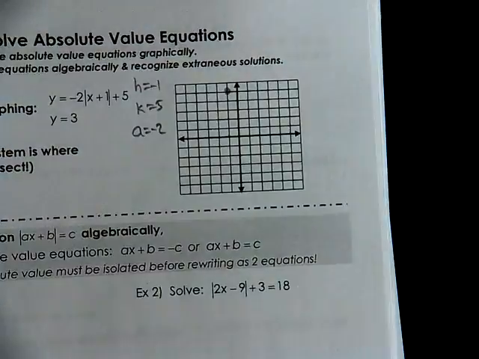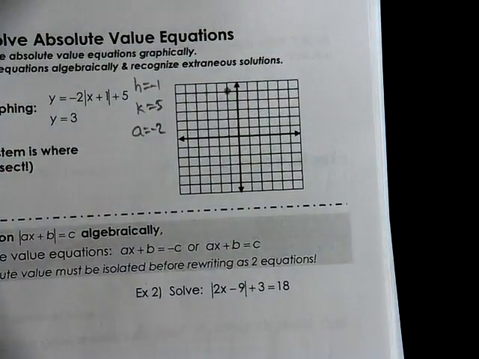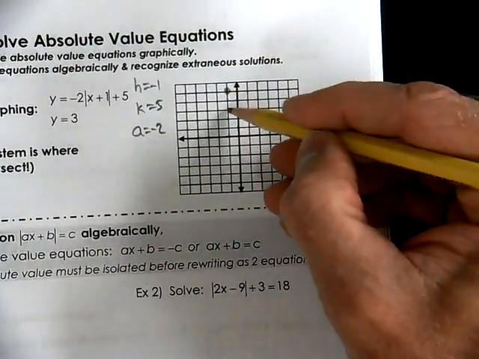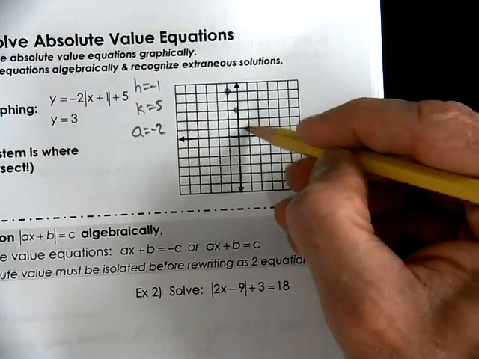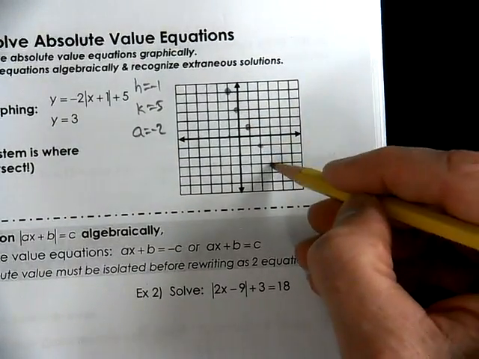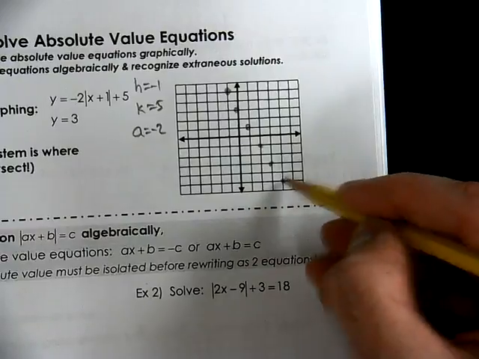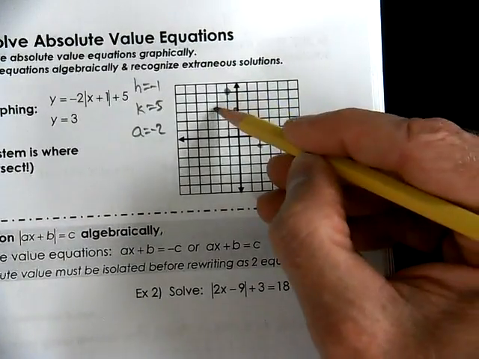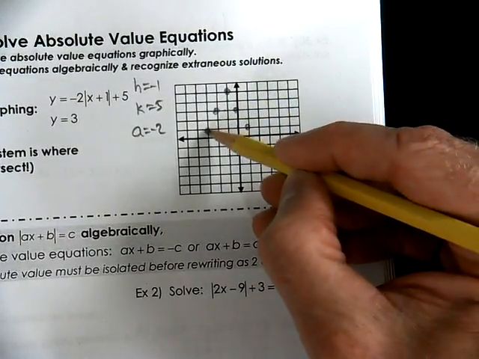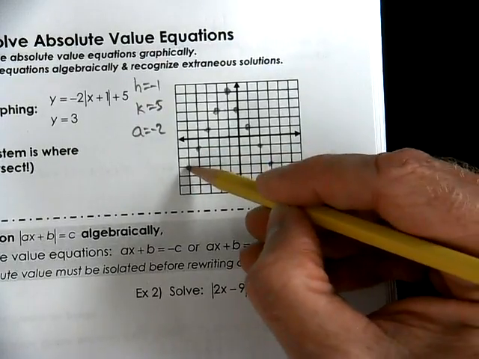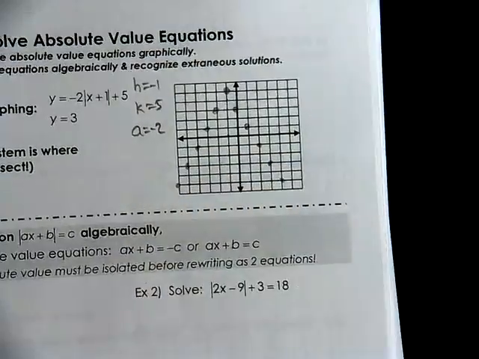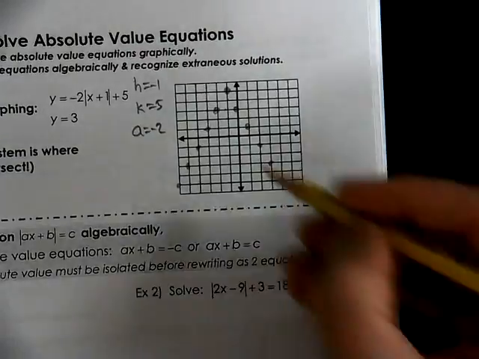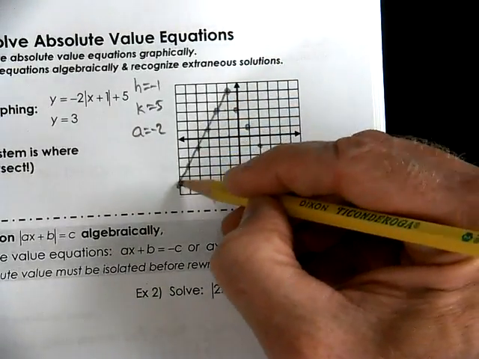That's my vertex of my absolute value. Then I'm going to do my slope of down 2 over 1 all the way down to the edge of the axes. Then we go backwards 1 with the opposite slope to show the absolute value V that we're expecting to graph.